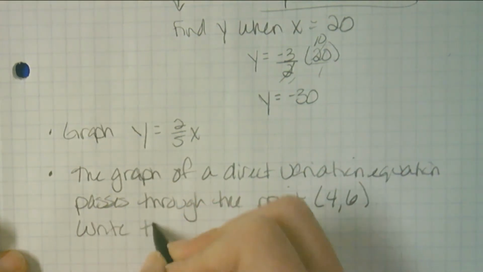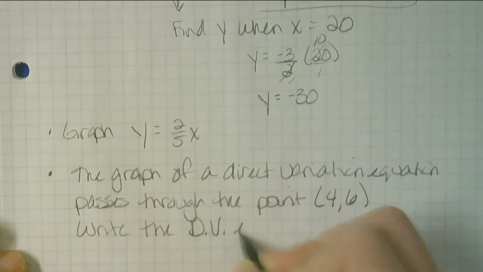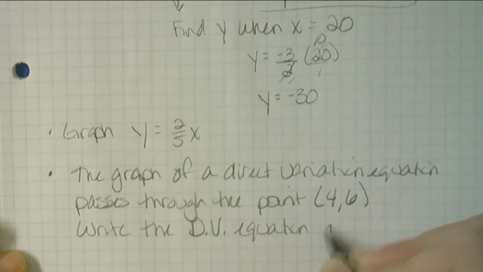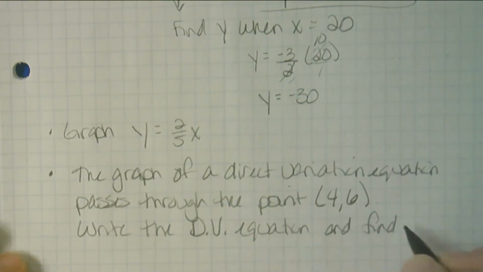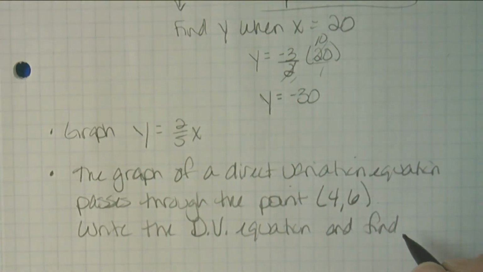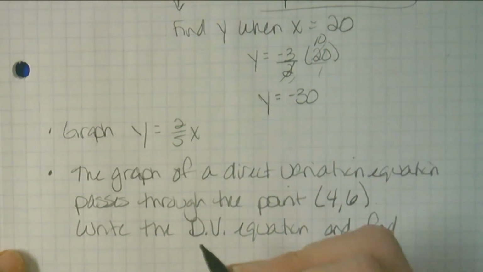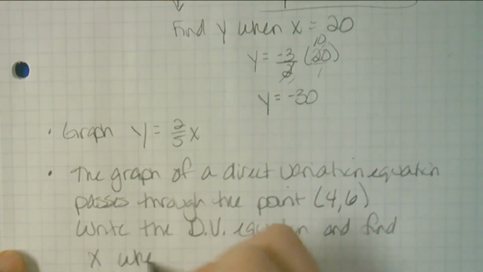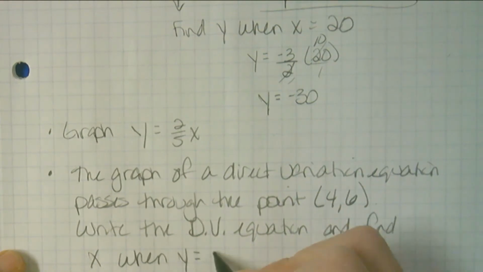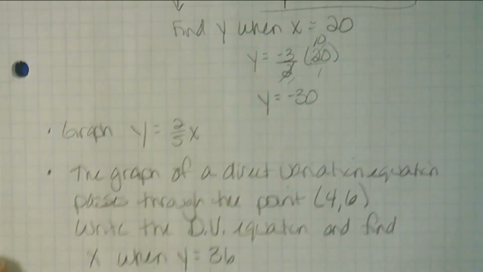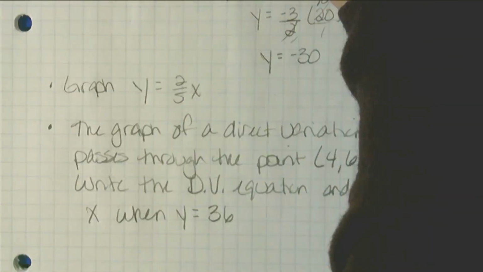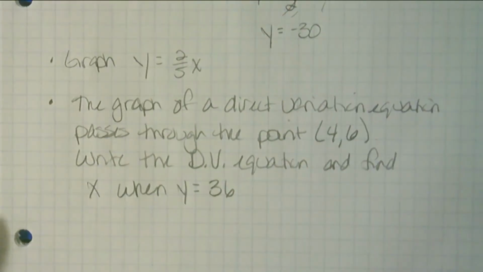Write the direct variation equation, and find x when y is equal to 36. So this is a little twist. Go ahead and do those, please.